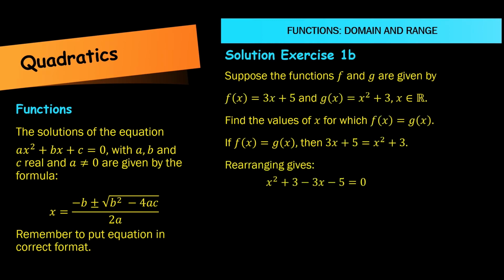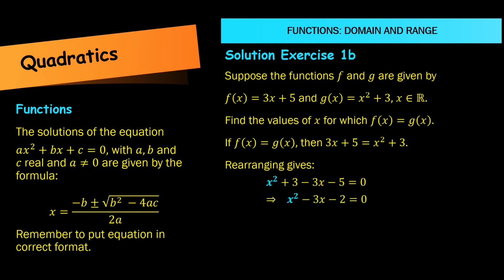So now let's rearrange so that we have an expression which is equal to 0. We take all the values over to one side. X squared plus 3 is here, and we take minus 3x and minus 5 away from both sides to give us x squared plus 3 minus 3x minus 5 equals 0.